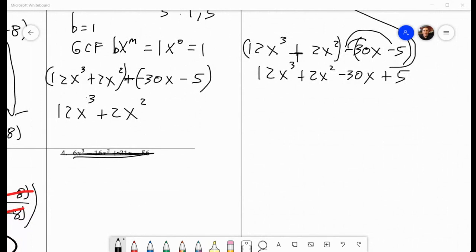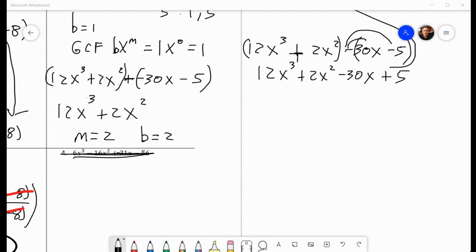Okay. Well, you can see that the smallest exponent of x here, our m, is 2, right? And we know that 2 is a factor of 12, so b is going to be 2 as well. So again, the coefficient 2 here is a factor of 12.